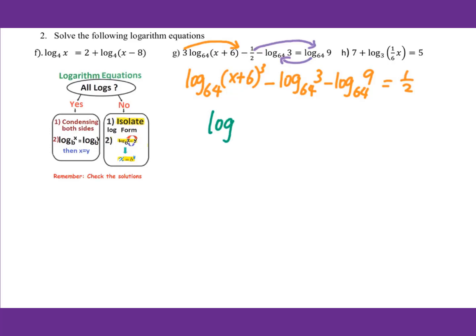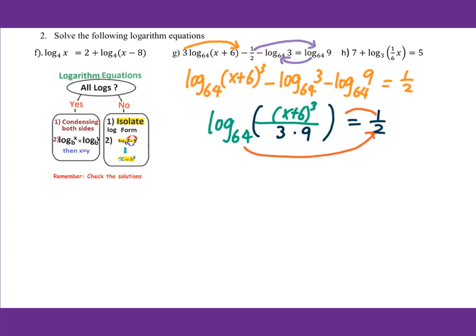Then condensing the log on one side, you will get (x plus 6) to the third power. Subtraction means division, so go to denominator, 3 times 9, equals 1 over 2. Then we do the circle, changing to exponential form. We got 64 to the 1/2 power equals (x plus 6) to the third power over 27.